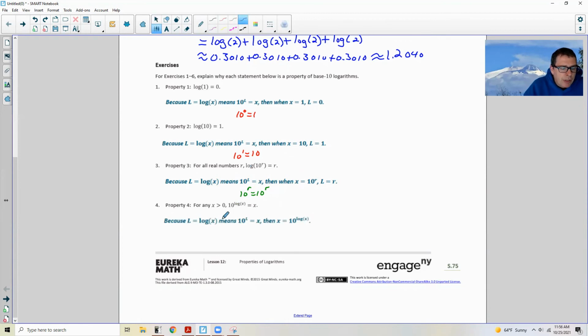Because L equals the log of x means that 10 to the L equals x, then x equals 10 to the power of log x. So think about this one for a second.